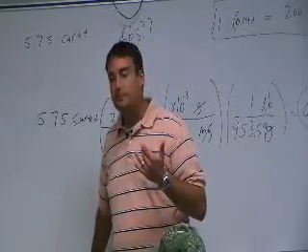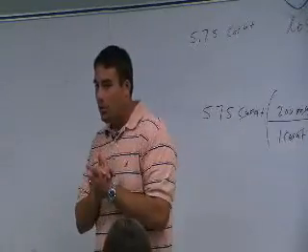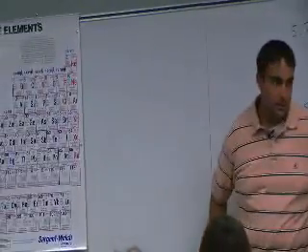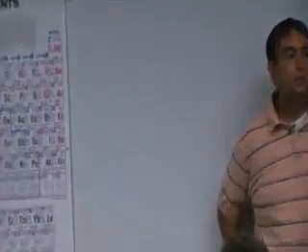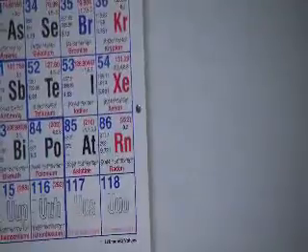Now, first off, how many elements do we know of? There are approximately 118. Now, that number does change from time to time. Here's why.